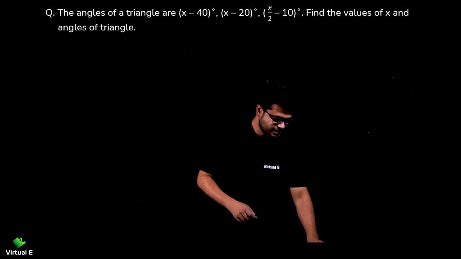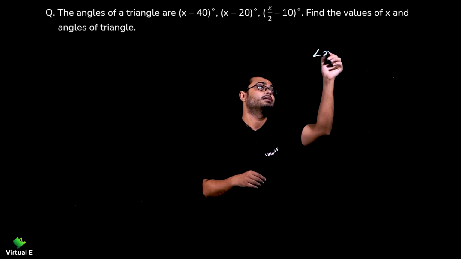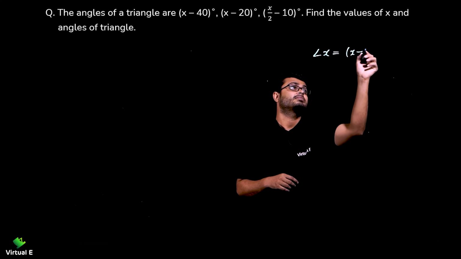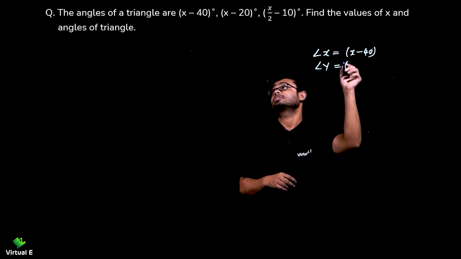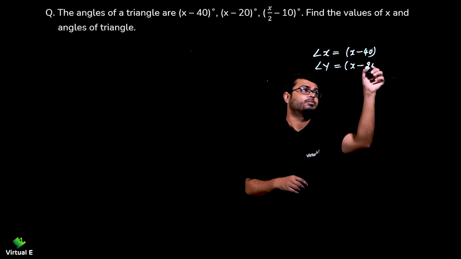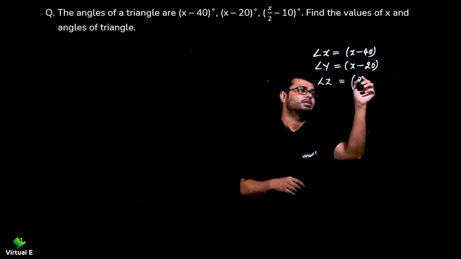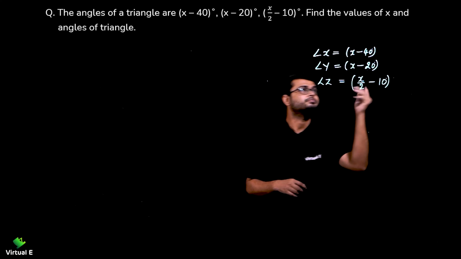So we have three angles. Let's take x, y, z this time. So angle x is equal to x minus 40 degree, angle y is equal to x minus 20 degree, and finally angle z is x upon 2 minus 10 degree.